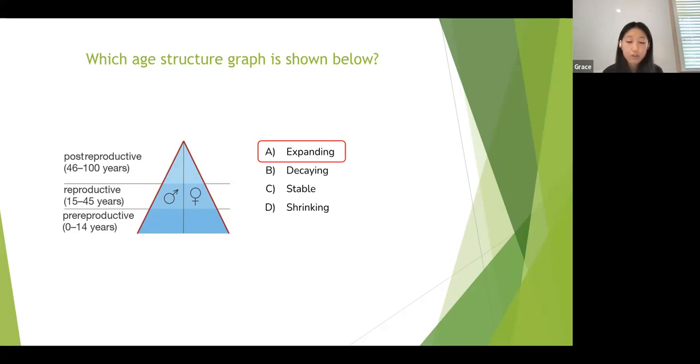And now, for some reason, there's an increase in either the birth rates or a decrease in death rates, which has resulted in a larger population of pre-reproductive people. And therefore, it shows that this population is on an expanding trend.